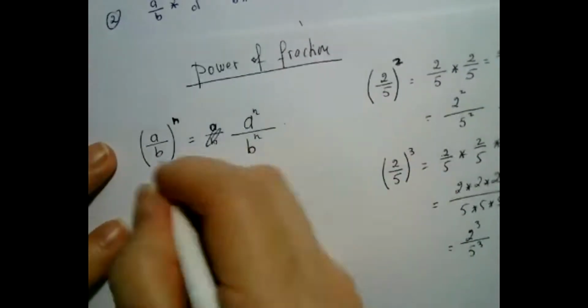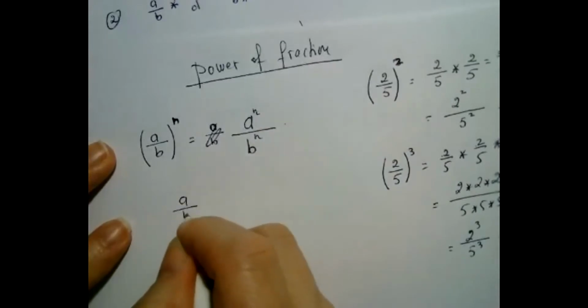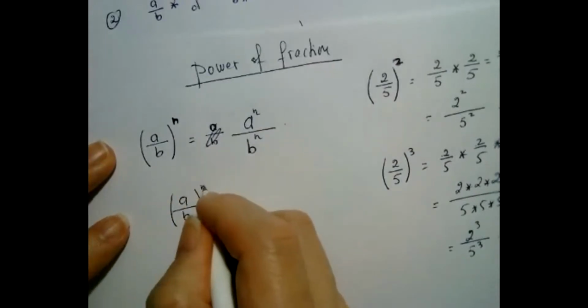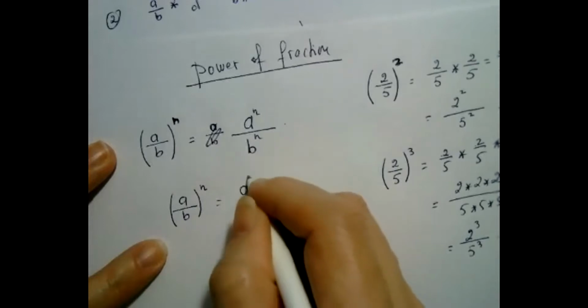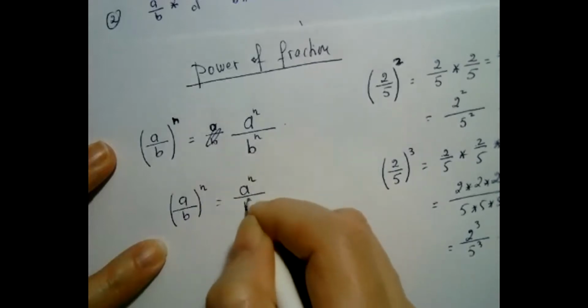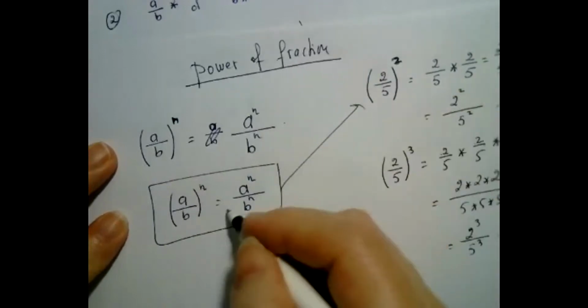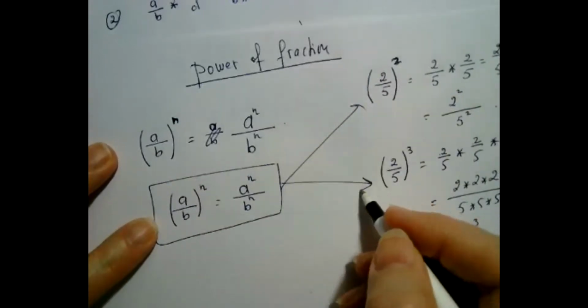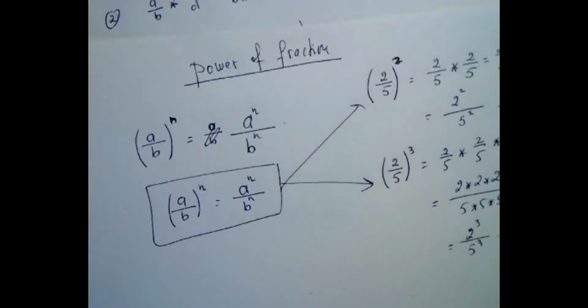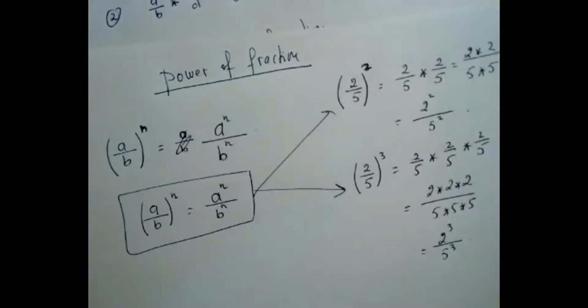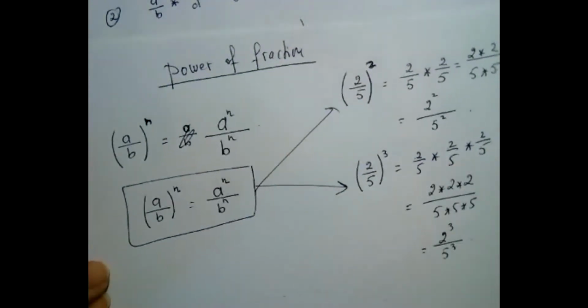So I rewrite it because I messed up here. To any power, you take the numerator to this power over the denominator to this power. And if you ever forget the rule, it doesn't really matter. You just expand it the way I'm expanding it, and then you proceed.